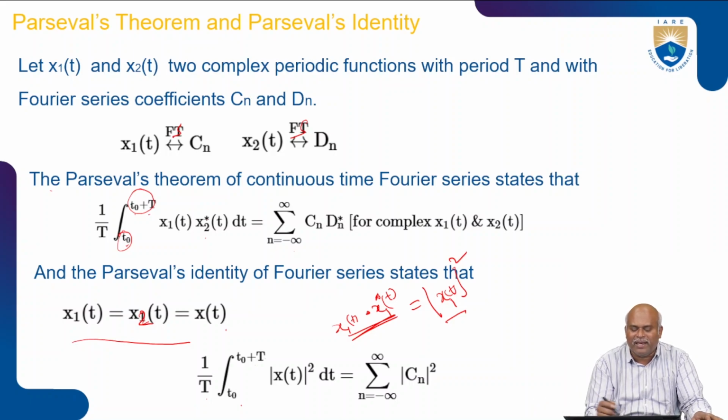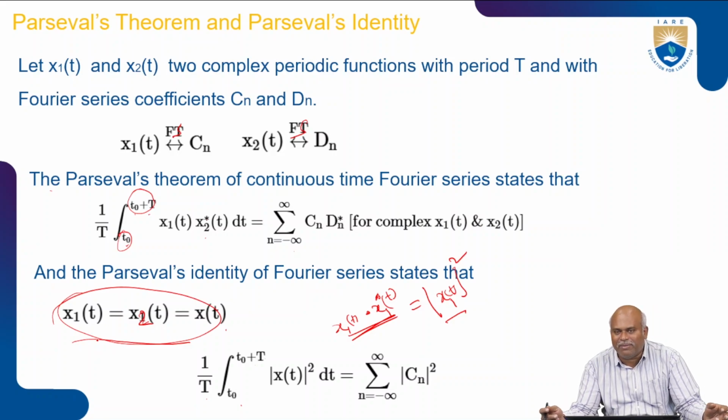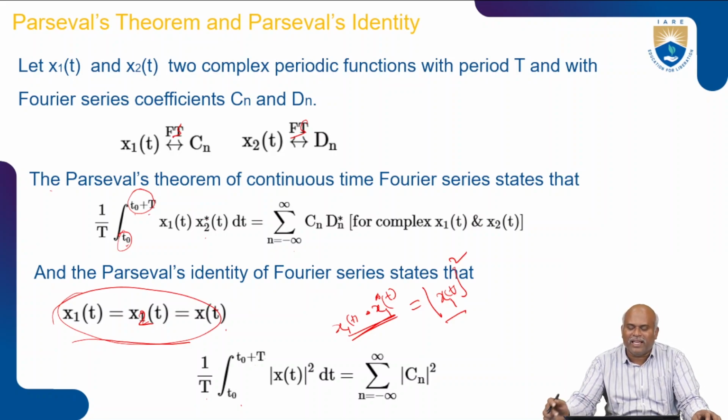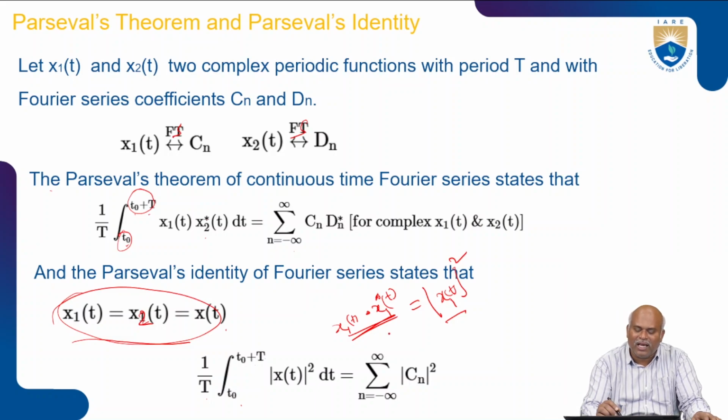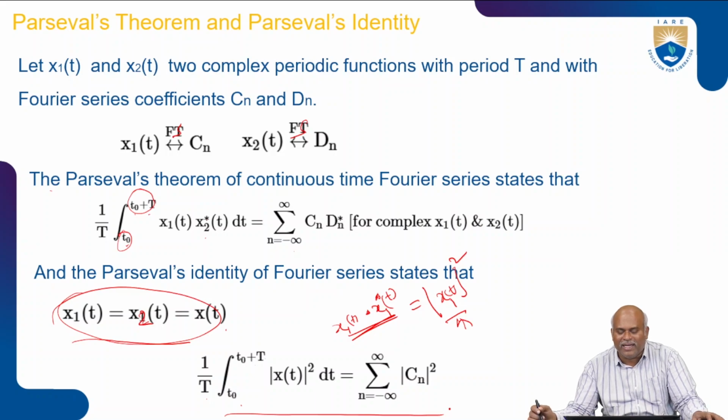In this identity both signals are similar, but for the complex conjugate we take any one of the signals, so I write x1 of t into x2 star of t, mod of x1 of t whole square. This we can substitute into the Parseval identity condition.